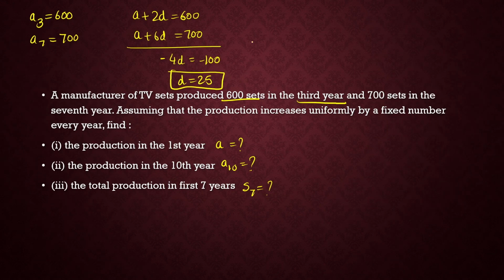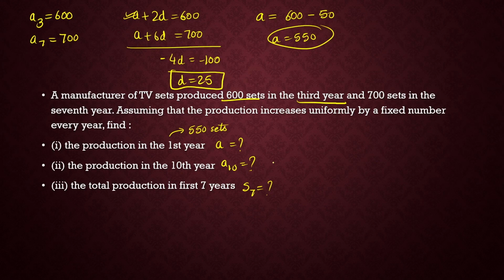What is the value of A? Just substitute D equal to 25 in any of the equations. I'll be substituting in the first equation. Then I'll get A is equal to 600 minus 50, that is equal to 550. So they totally manufactured 550 sets in the first year.